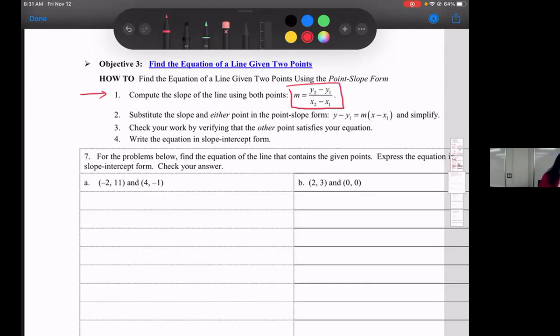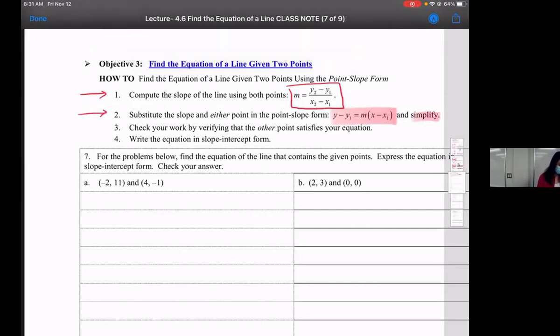And then pick a point, whichever one you like. Substitute into the point-slope form, y minus y1 equals m times x minus x1. And then simplify. Please don't forget to simplify. Check your work by verifying with the other point.